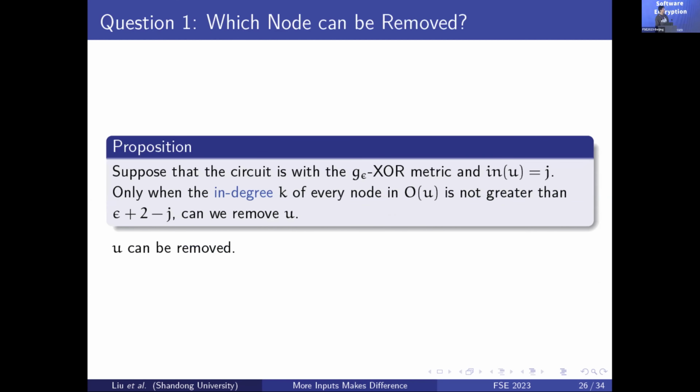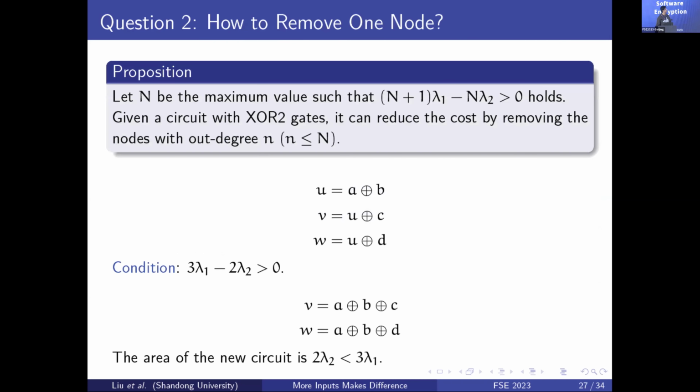The first question, which node can be removed? We provide a proposition. Suppose that the circuit is with a G epsilon XOR matrix, and the in degree and out degree of the node U meet the proposition. So the node U can be removed. And for the second question, how to remove one node, we also provide a proposition.